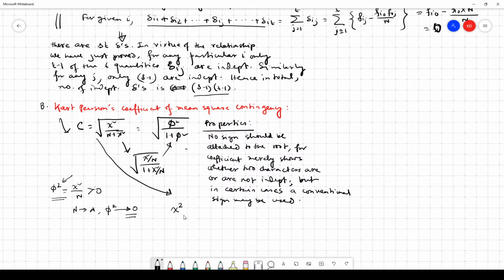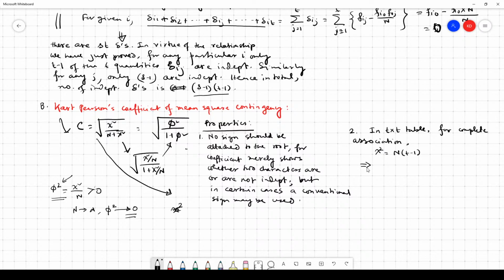You already see that in T cross T table for complete association, this chi square should be n into t minus 1.